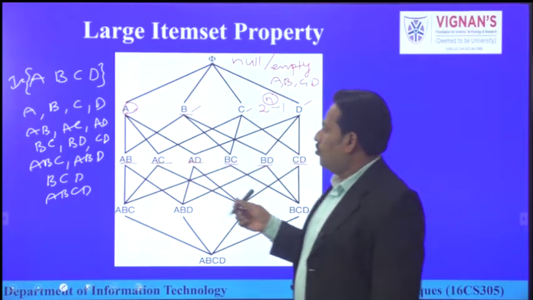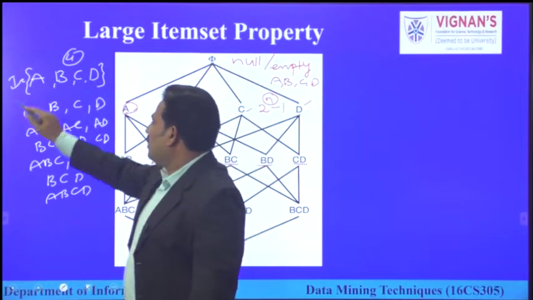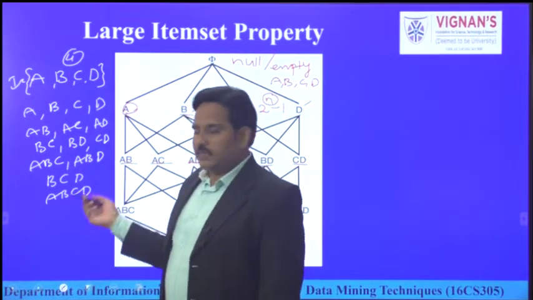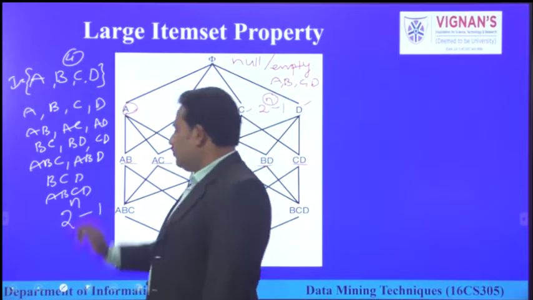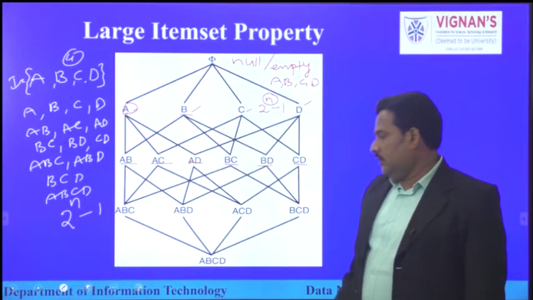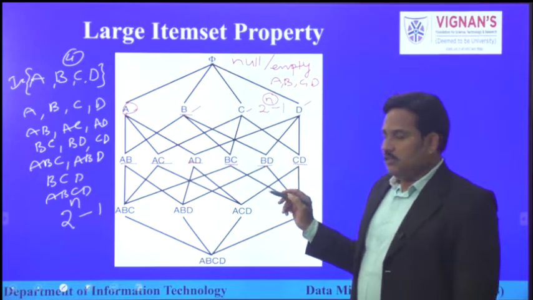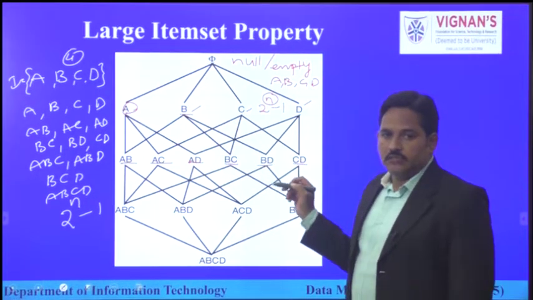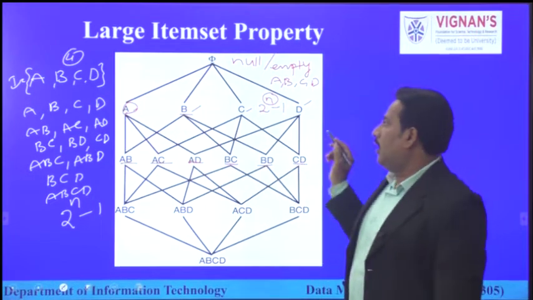So using 4 items in a given item set, we started creating a power set, or you can say subsets, which is 2 to the power of n minus 1, where n is the number of elements. So 2 power 4 is 16, minus 1, gives 15. Totally we got 15 item sets. This is the initial process in the Apriori algorithm: creating item sets.